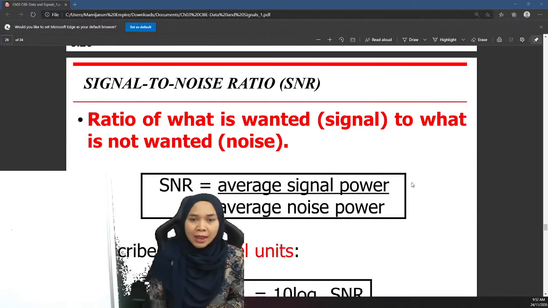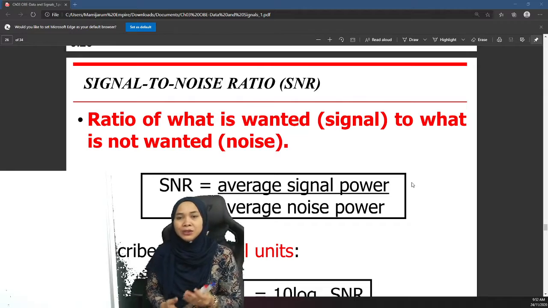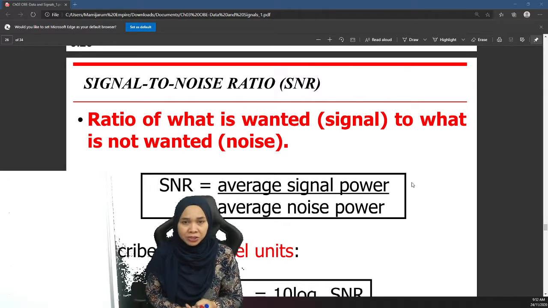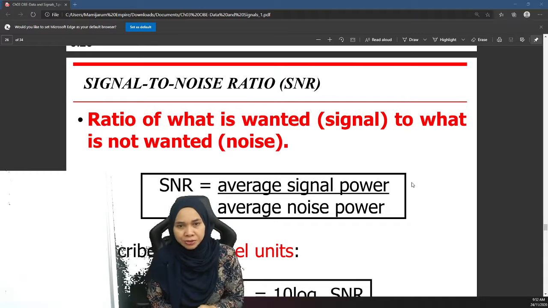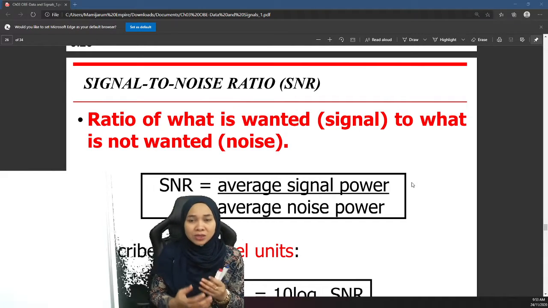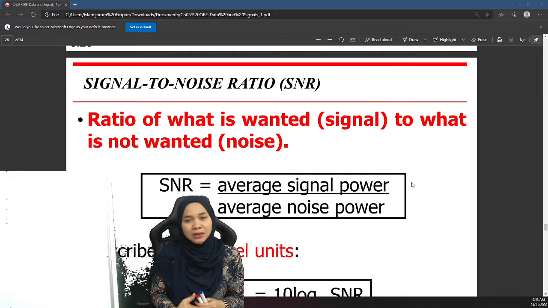We have a formula here to calculate the ratio of noise, or SNR, signal to noise ratio. The ratio is of what is wanted signal to what is not wanted noise.